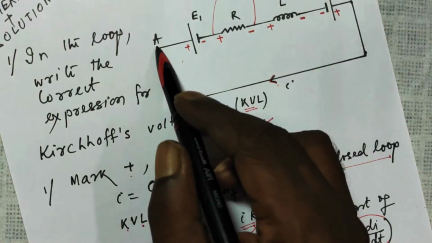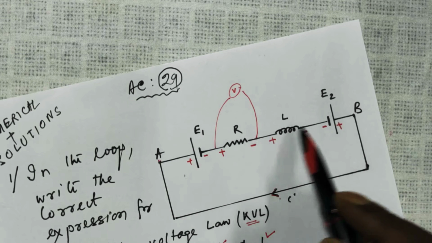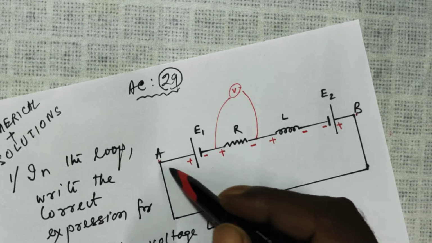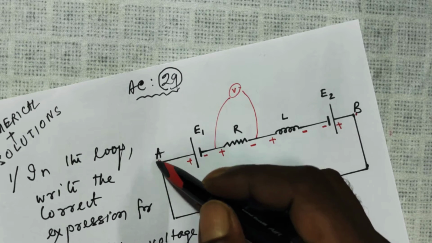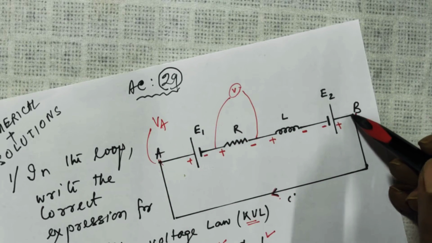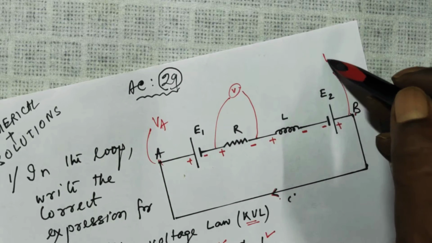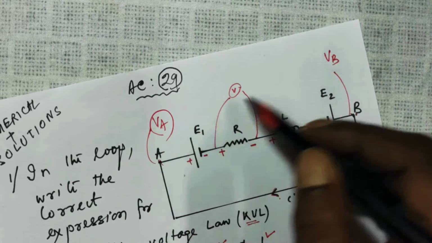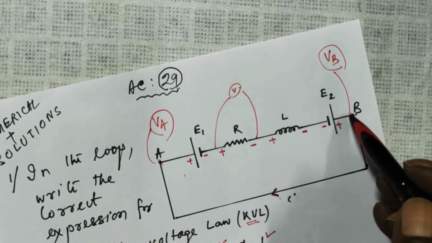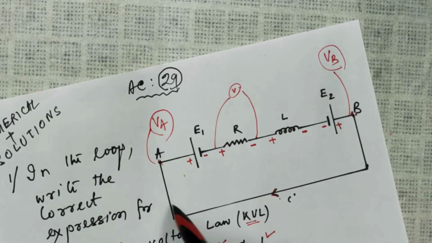And let us start from point A to point B. Now, let the potential at point A be VA and the potential at point B be VB, symbolically. So let us start from here and arrive here. In fact, we are going around.